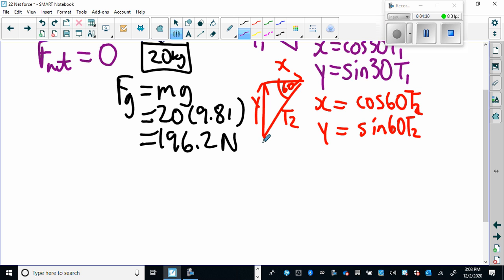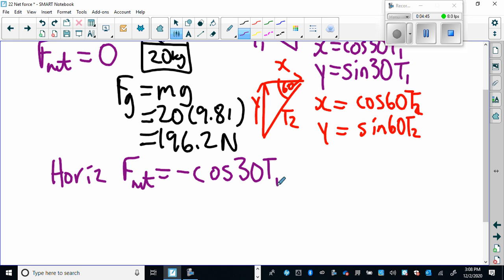So from a horizontal perspective, F net equals the negative cosine 30 T1 plus cosine 60 T2.